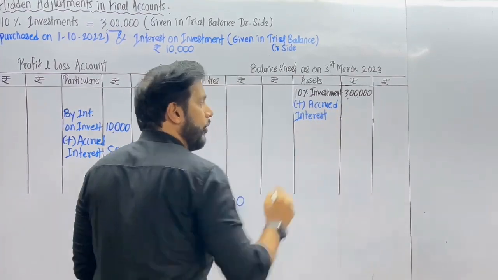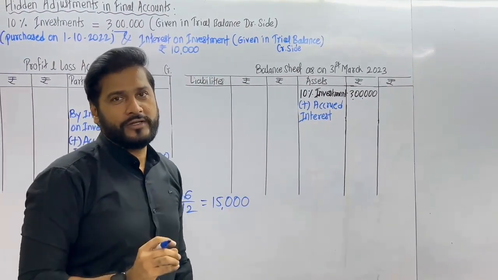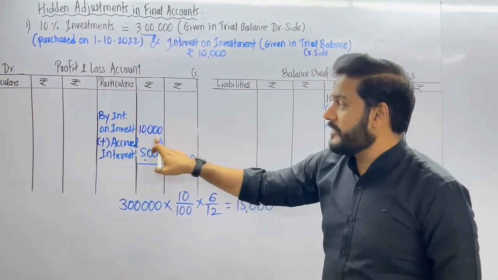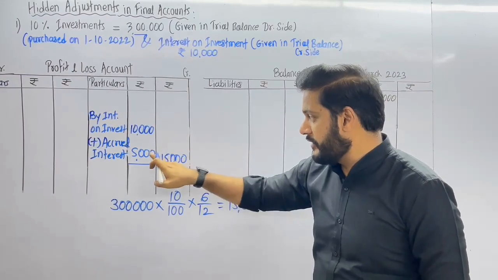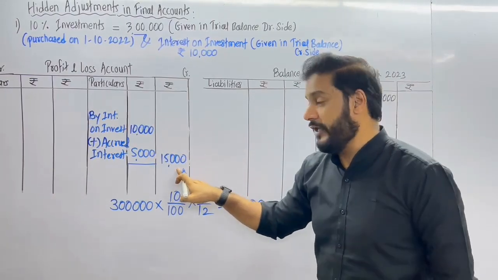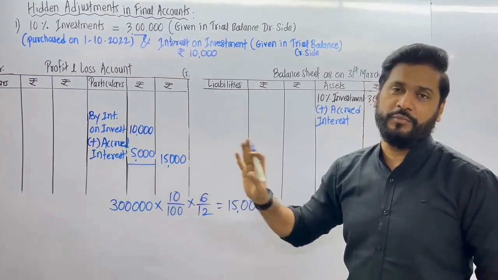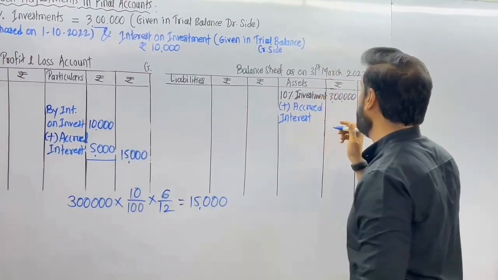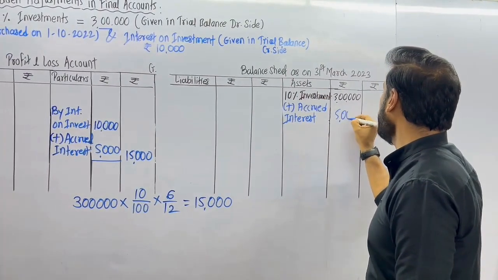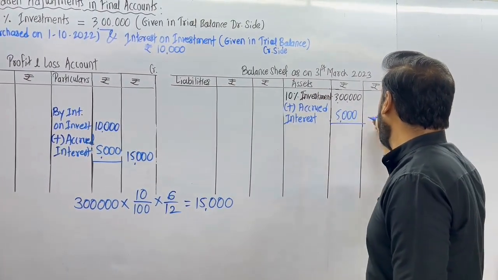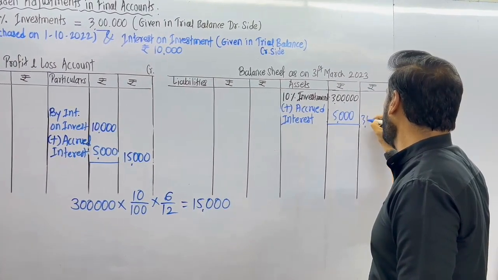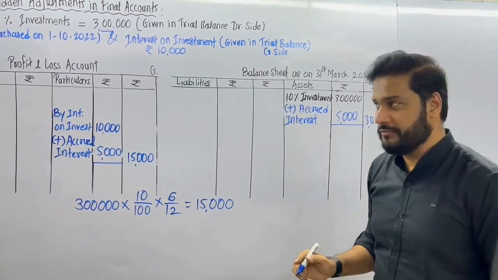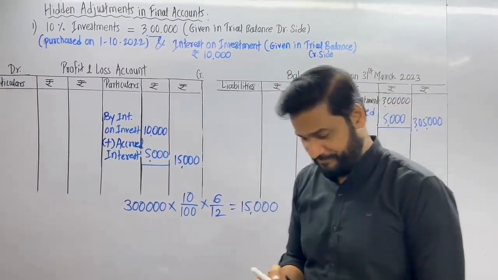I repeat, only accrued interest, not the total interest received. Okay, total interest received is 10,000, 5,000 is receivable, total interest earned is 15,000. So accrued interest is how much? Only 5,000. Write 5,000 and on the outer column you will write the total 3 lakh 5,000. That's it.